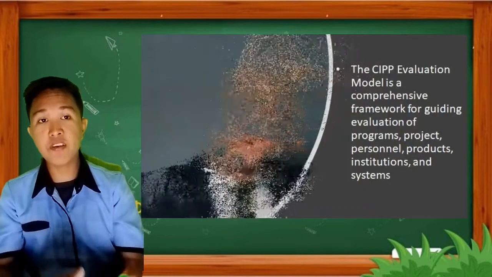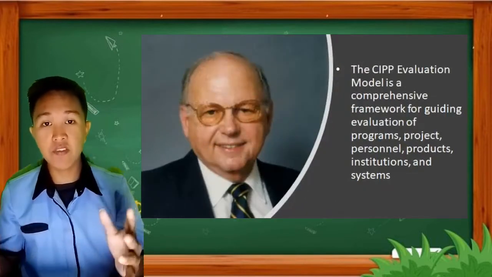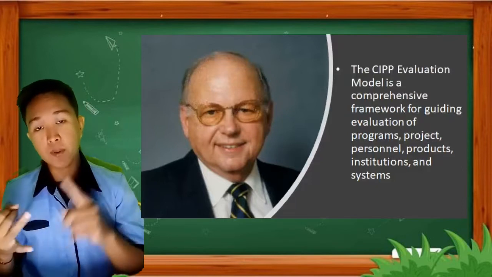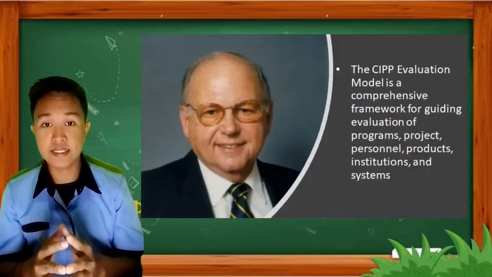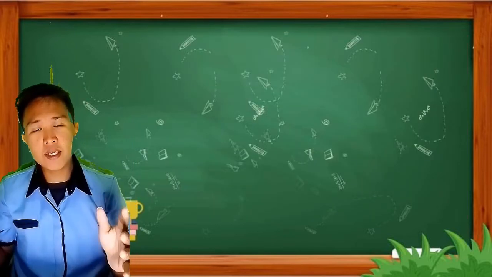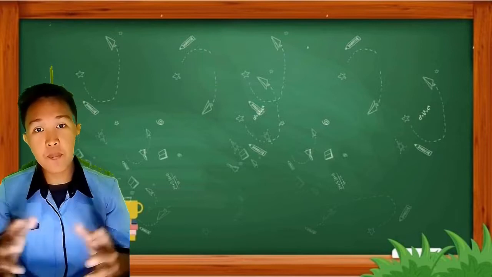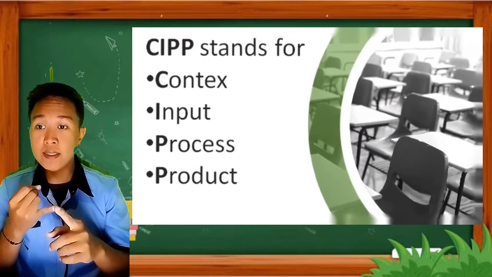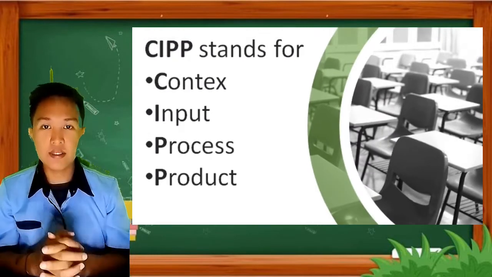The CIPP evaluation model is a comprehensive framework for guiding evaluation of programs, projects, personnel, products, institutions, and systems. So now, let's talk about what CIPP stands for. Okay, so CIPP stands for context, input, process, and product.